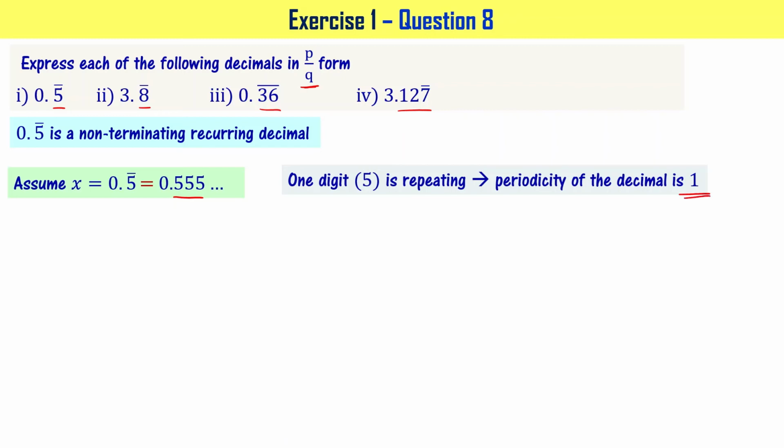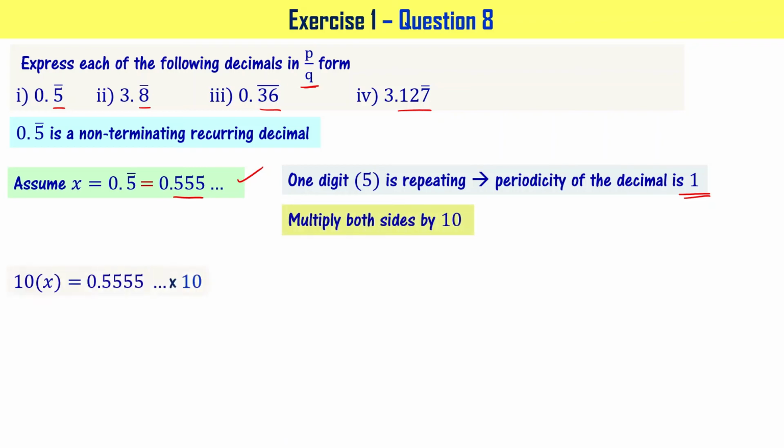Since periodicity is 1, I'm going to multiply both the sides of the equation x equal to 0.5555 and so on with number 10. When I do that, it becomes 10 times x equal to 0.55555 and so on times 10, right? So 10x equal to 5.5555 and so on. Let me write x equal to 0.555 and so on below.